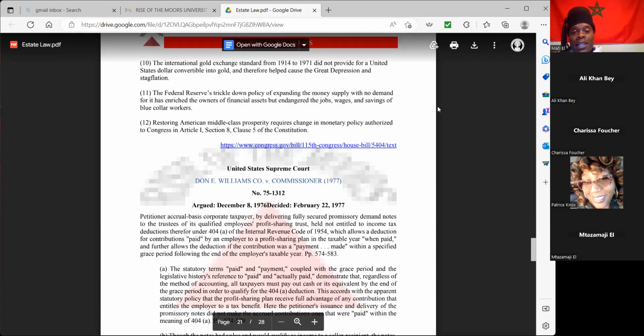Restoring American middle-class prosperity requires change in monetary policy authorized to Congress in Article 1, Section 8, Clause 5 of the Constitution.